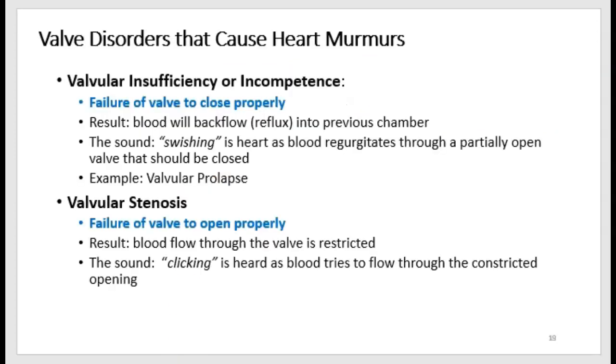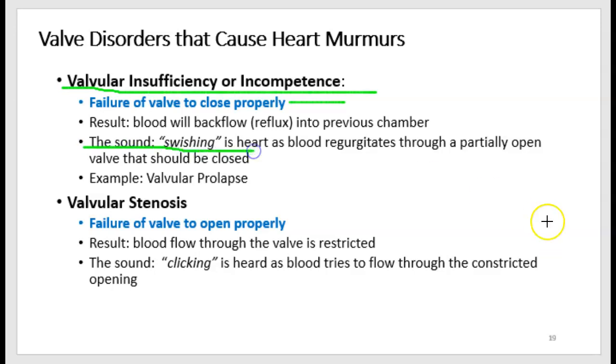There are two basic categories of valve disorders that can cause heart murmurs. One is when the valve is insufficient or incompetent. It won't close correctly, and so you'll get blood flowing through the valve backwards.